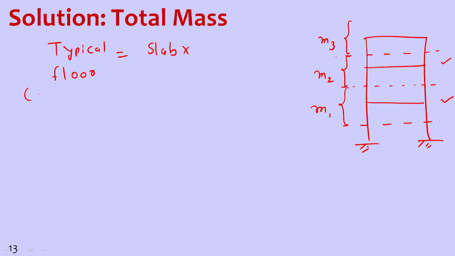Here we are talking about M1 and M2. So the total mass is the slab plus half of the column below plus half of the column above.